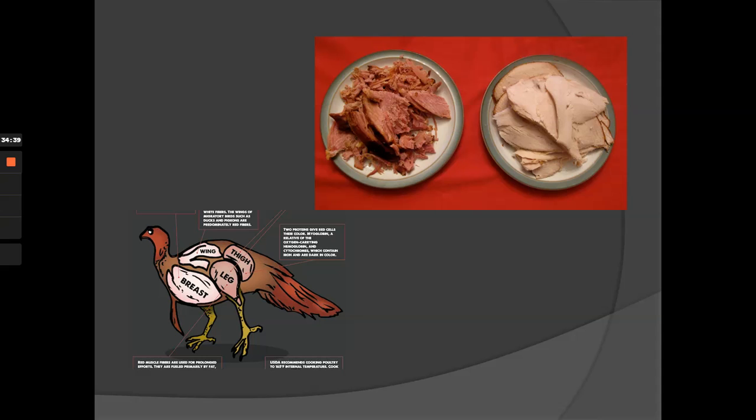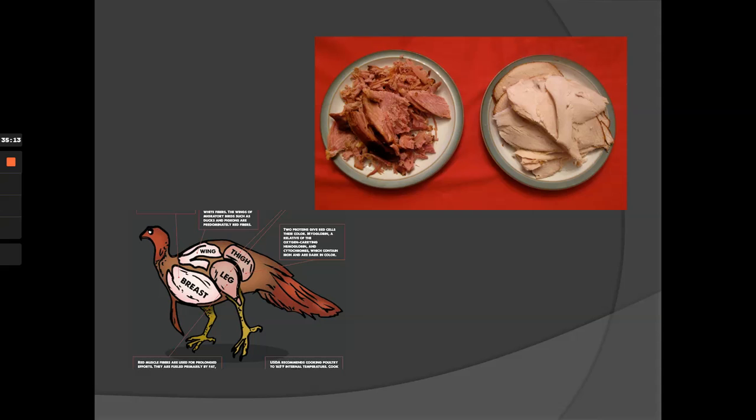And why am I even bringing this up? Because now you can understand why we have white meat and dark meat. The reason the dark meat is so much darker is because it has more myoglobin, that molecule that we talked about that's located inside the muscle fibers and attaches the oxygen.